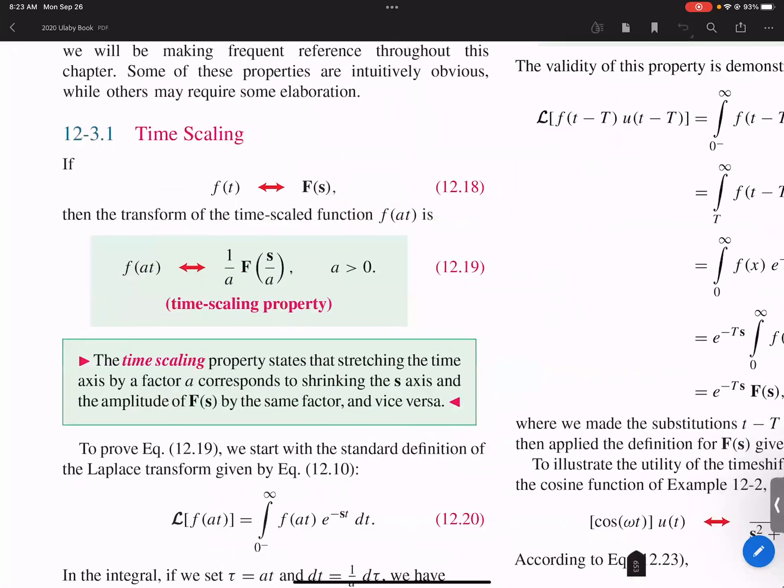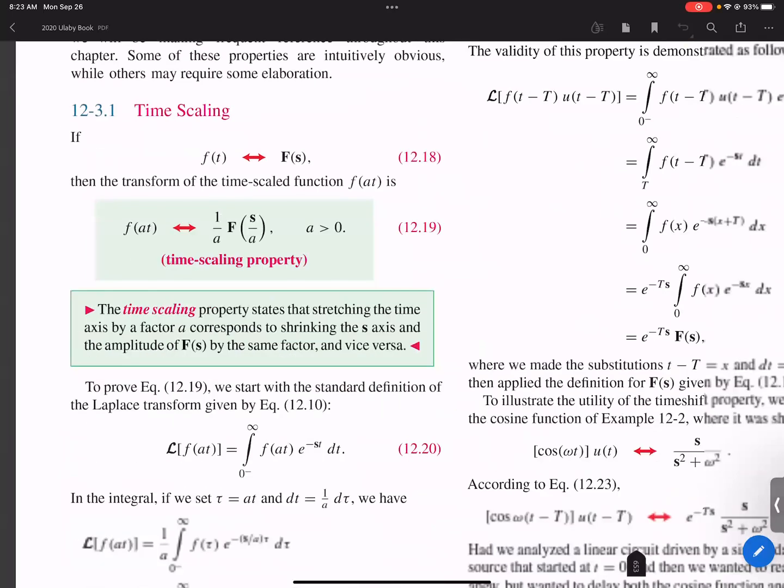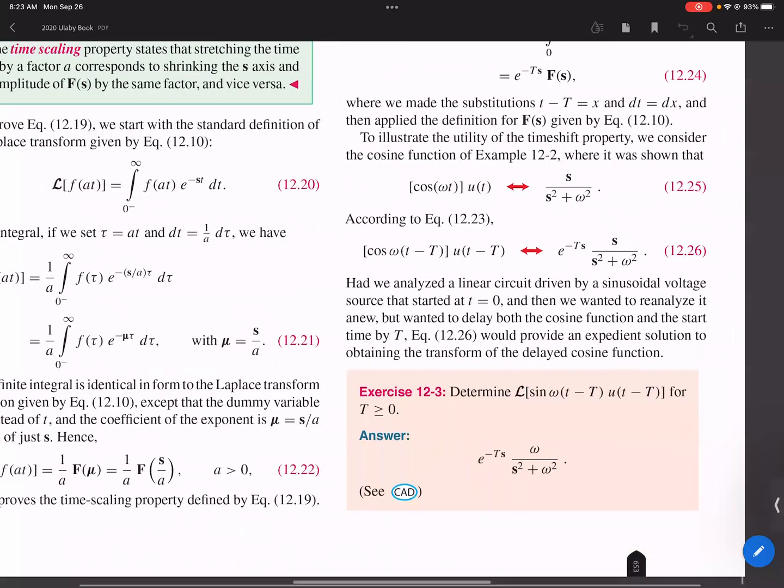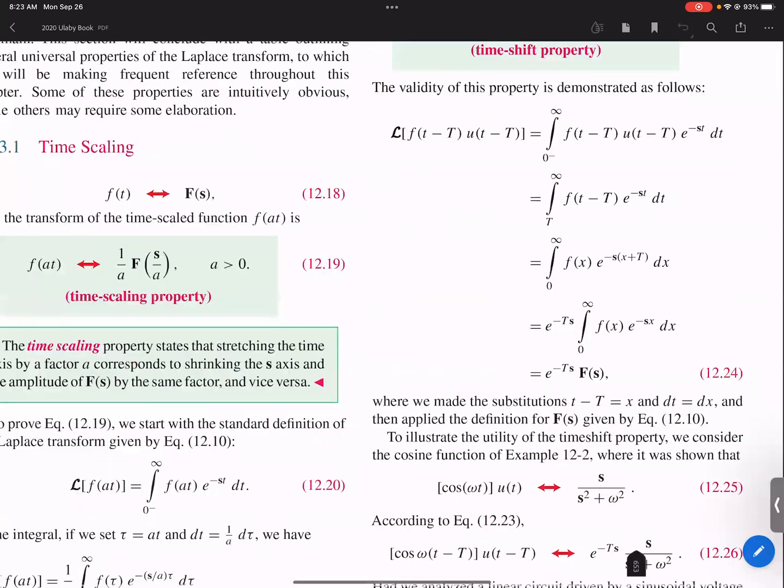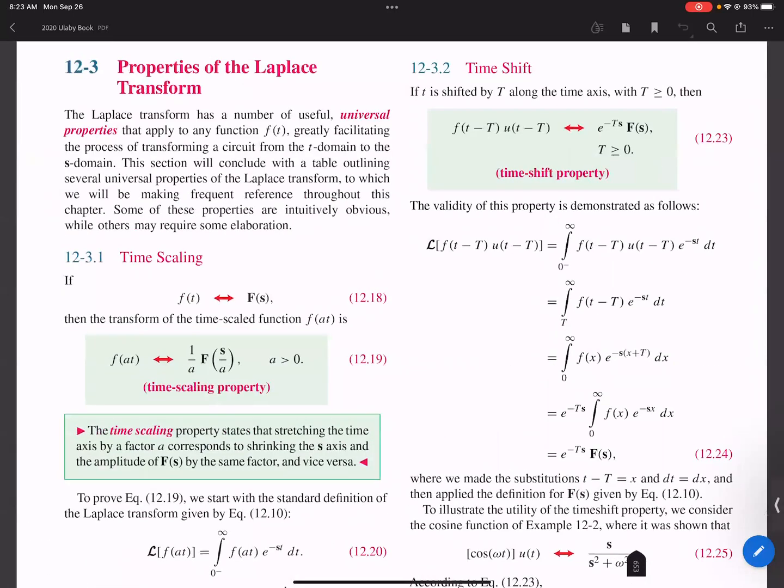And then you can find the time scaling. So if you multiply an a, so you have f of a t, then that scales as 1 over a, F of s over a. And the book goes through each one of these in detail.